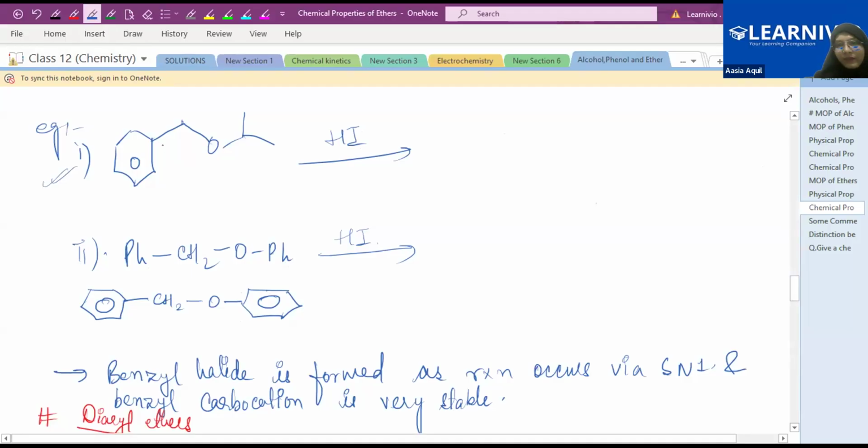Okay, ma'am, the first one is C6H5OH plus ICH3 twice. Okay, so basically you will break this bond, right? Because this is CH3, this is benzylic.